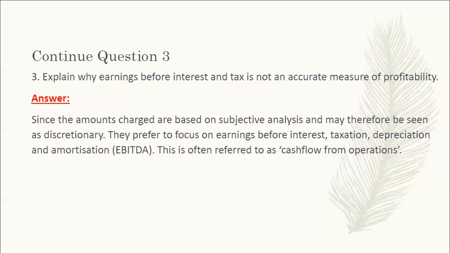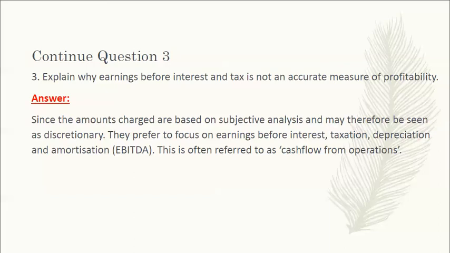The answer here is: since the amounts charged are based on subjective analysis and may therefore be seen as discretionary, they prefer to focus on earnings before interest, taxes, depreciation and amortization, which is EBITDA. This is often referred to as cash flow from operations.